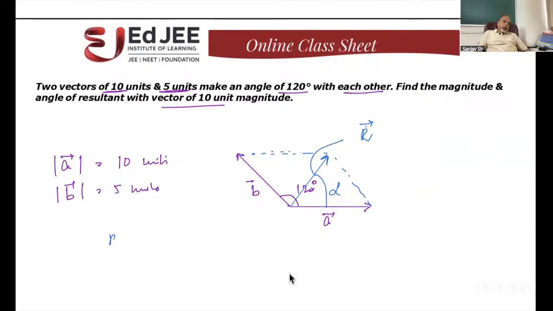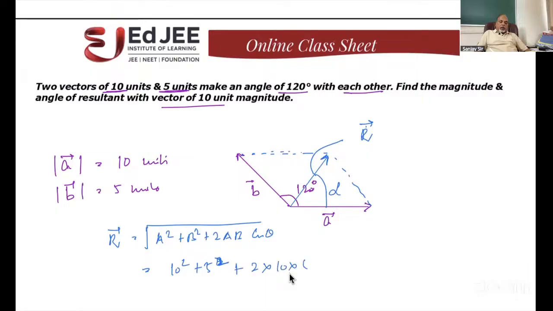R will be nothing but, we already know, square root of A square plus B square plus 2AB cos theta, or 10 square plus 5 square plus 2 into 10 into 5 into cos 120 degree. Correct.